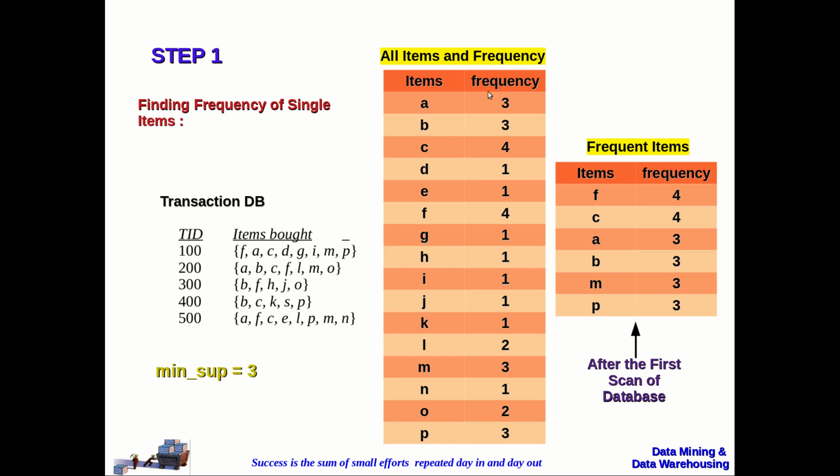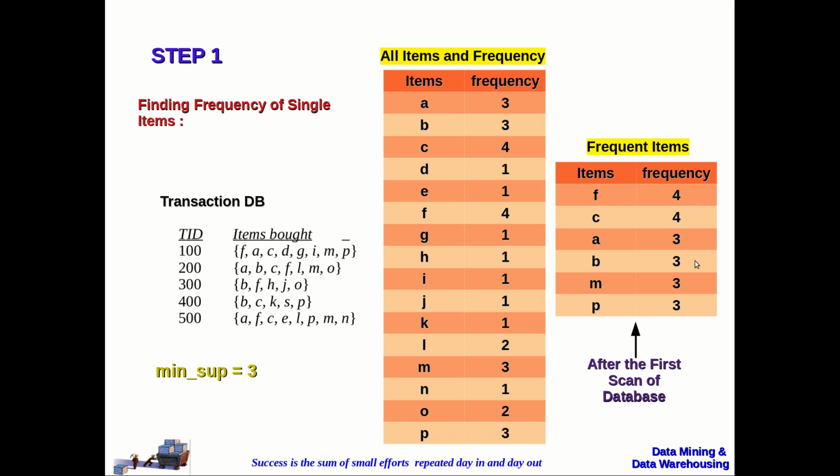From these items and frequencies, we select the items which have minimum support value greater than or equal to 3. But if you observe, it is not written as A, B, F, M, P. Instead, it is written in the descending order of the frequency. That is what you have to observe. F has the highest frequency 4, C has frequency 4, then A, B, M, P have frequency count 3.